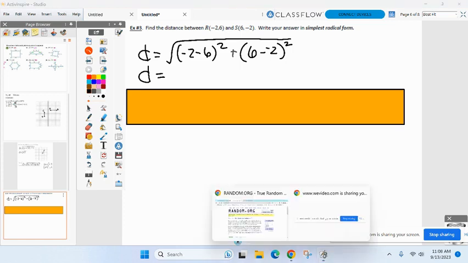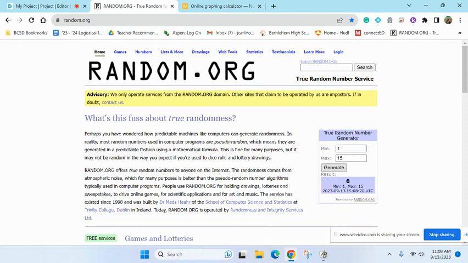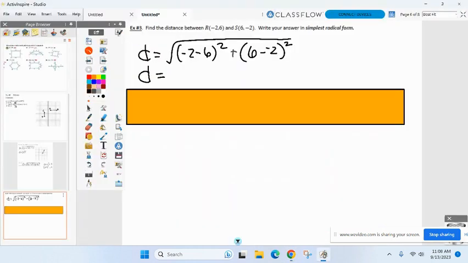And when you have it, simplest radical form, let me know. Take your time, though. Thomas, back to you. 8 radical 2. Good job. 8 radical 2.